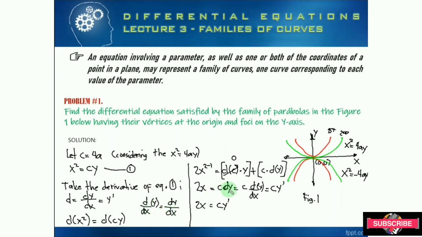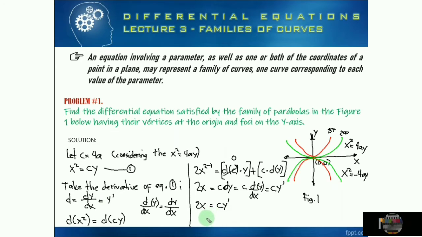So that's why I wrote here c times this dy, which is referring now to the derivative of y, meaning it is the same as saying that the derivative with respect to x of y is simply equal now to the derivative of y. Okay, so it also means that this is equal now to y prime. Okay, c times y prime.